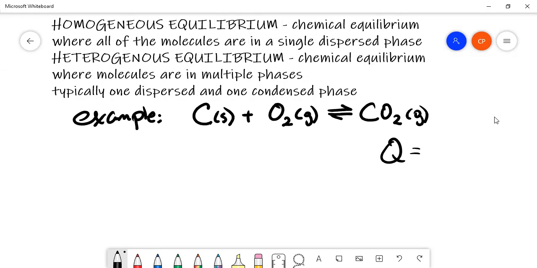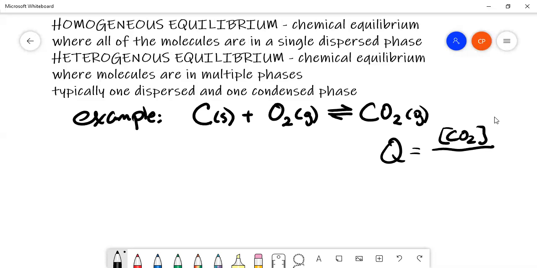What's in my numerator? What's the product? CO2. I'll do a concentration story again. What's in the denominator? What are my reactants?